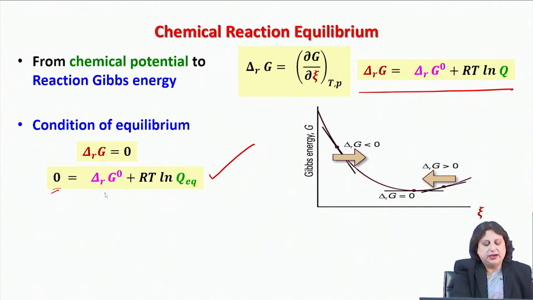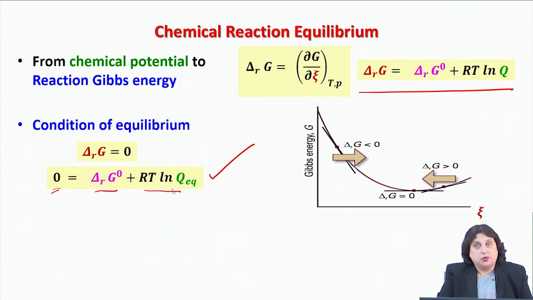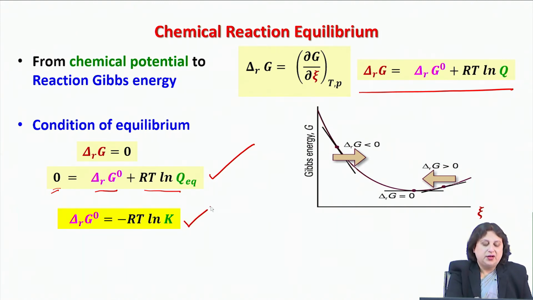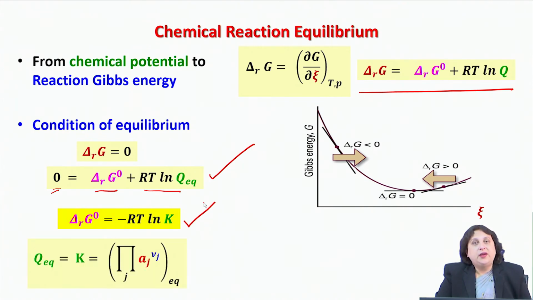That should be equal to delta Rg naught plus RT ln Q, but now the reaction quotient has a value equal to its value when you have the equilibrium reaction mixture. And immediately I can say that delta Rg naught is equal to minus RT ln K, where I have used this notation that K is nothing but the value of the reaction quotient Q for the equilibrium mixture.